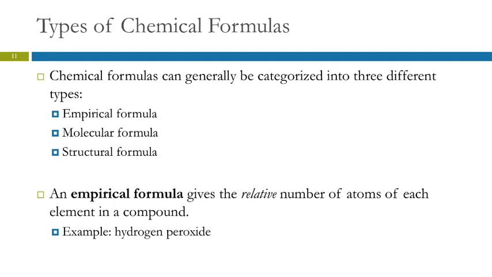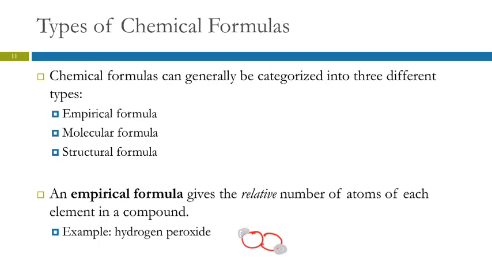Each hydrogen peroxide molecule has 2 oxygens, 2 hydrogens. Okay, so it might look something like that.